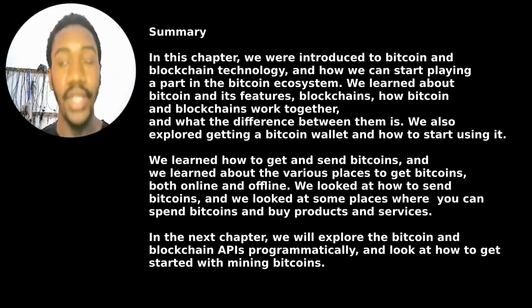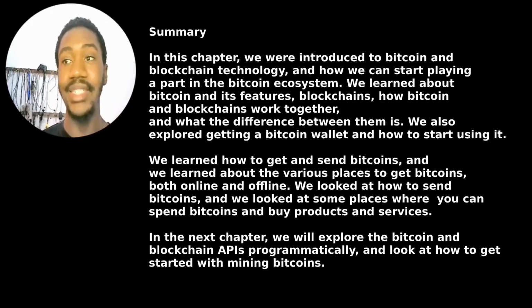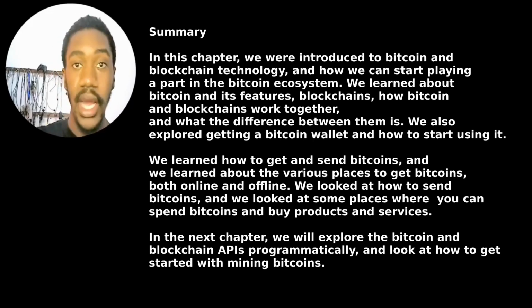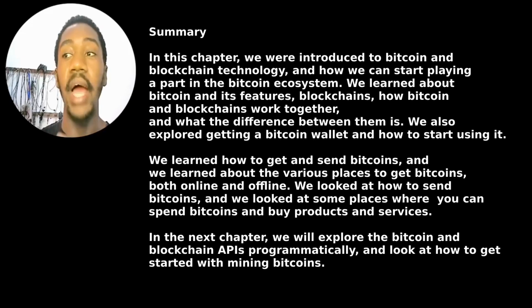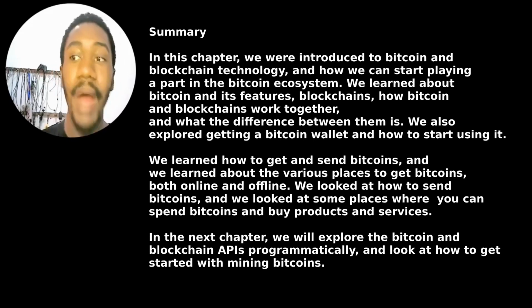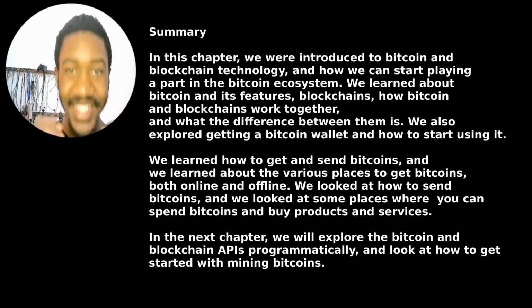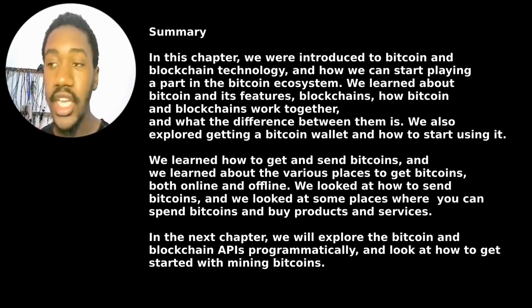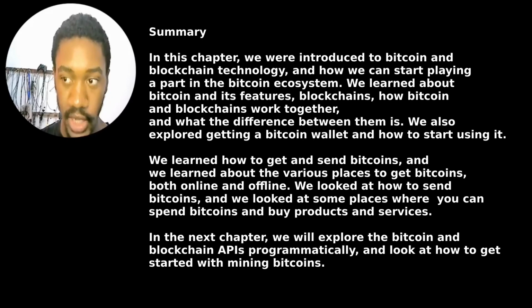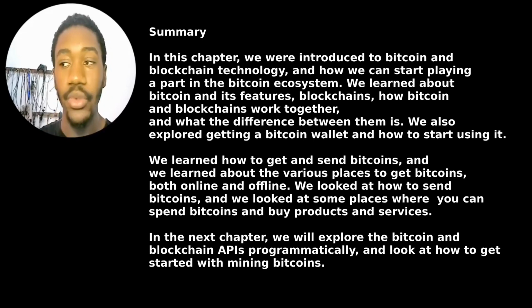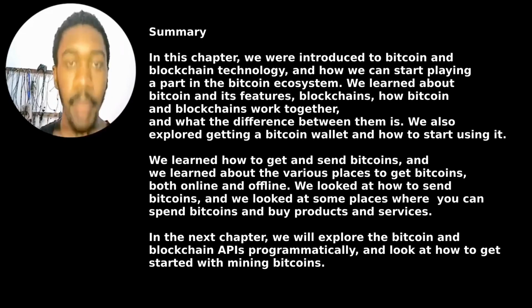We learned how to get and send Bitcoin, and about the various places to get Bitcoin, both online and offline. We looked at how to send Bitcoins, and at some places where you can spend Bitcoins and buy products and services. In the next chapter, guys, we will explore the Bitcoin and blockchain APIs programmatically, okay? And we will look at how to get started mining Bitcoins.